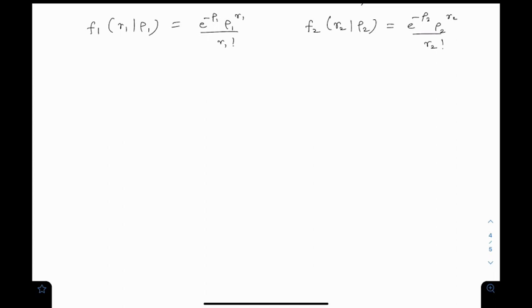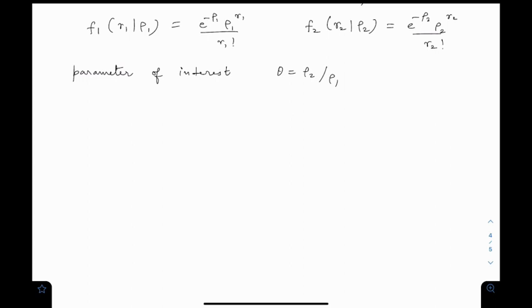The interesting parameter is the expected absorption, which is given as theta equals rho 2 by rho 1.